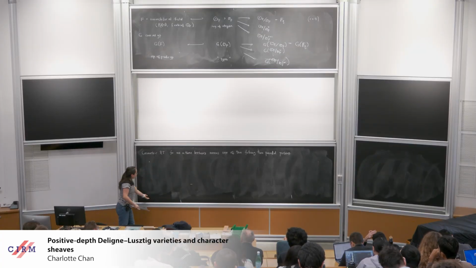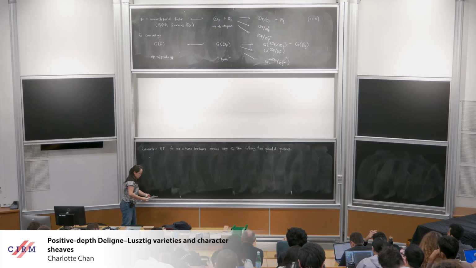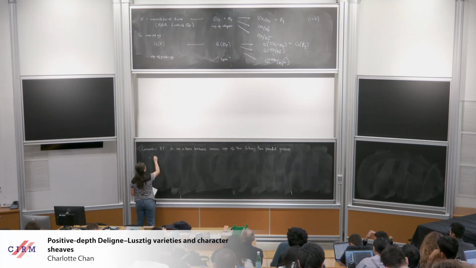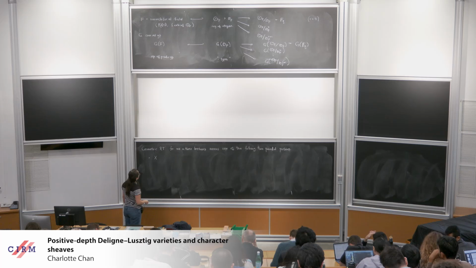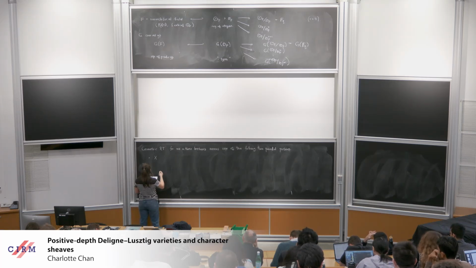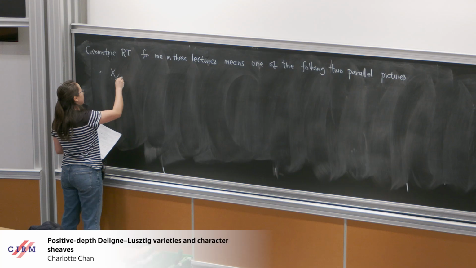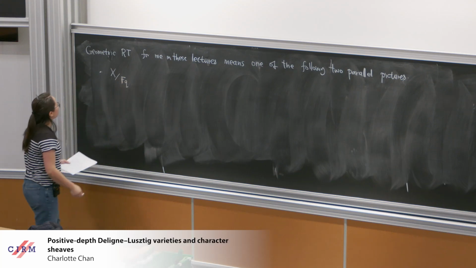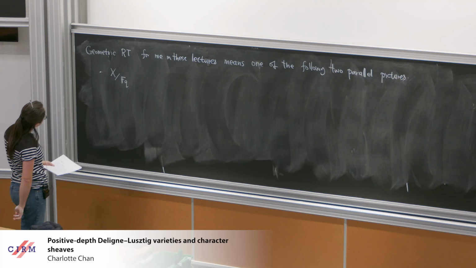So the first is the following. Say I have X, a variety over FQ or FQ bar, whatever you like. Maybe I say over FQ, but when you take cohomology, you could do it over FQ bar anyway.